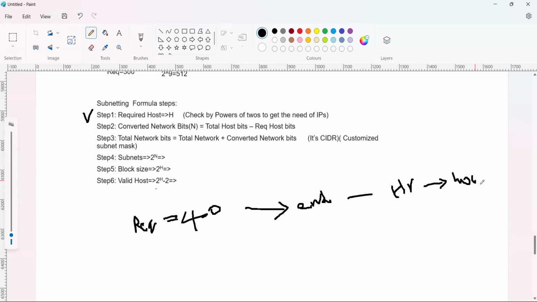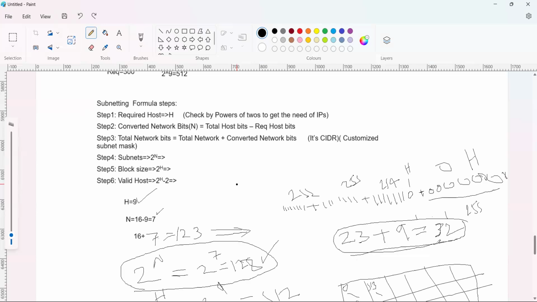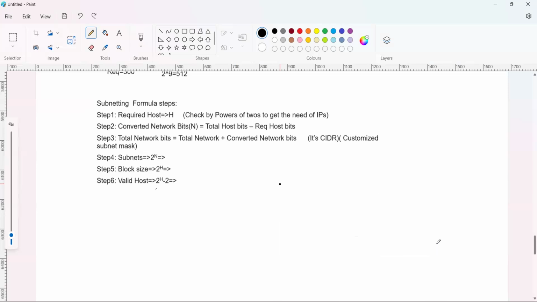We'll take those employees, the end users, and assign each and every PC one IP address. If you have 40 hosts in the HR department, 40 in the account department, and 40 in the sales department, likewise we'll take the examples. Now the requirement is 40.